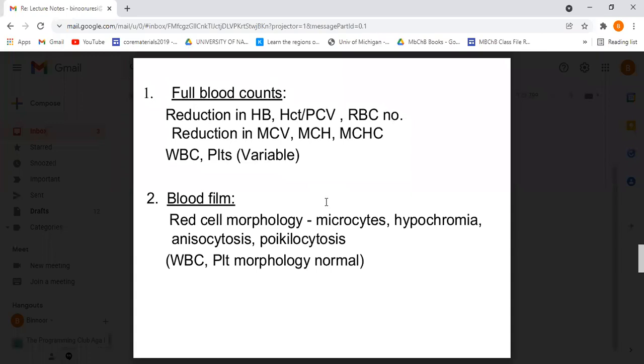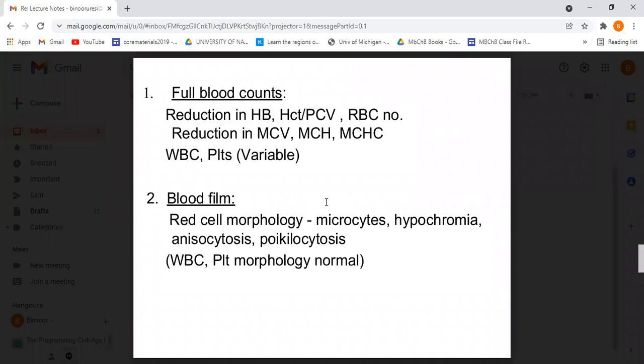So we said the tests you want to do for laboratory evaluation are first to confirm the anemia, confirm microcytic hypochromic anemia. Then the other level of tests is to see the cause, either iron deficiency or thalassemias. So we'll go through which tests you need to evaluate any of those. We start with the full blood count. In the full blood count, hemoglobin is reduced, hematocrit is reduced, the red blood cell count is reduced, showing that there's anemia.